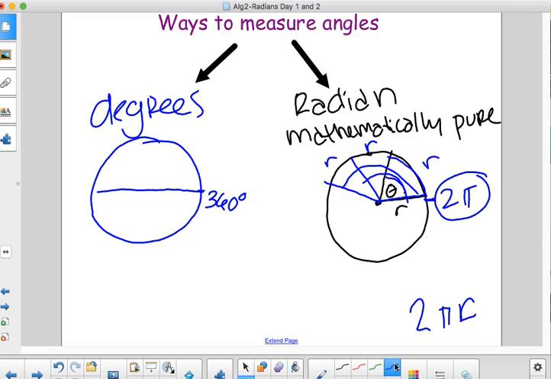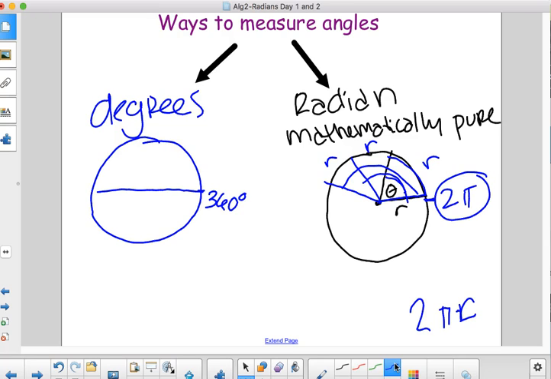So 2 pi radiuses fit on the outside of a circle. That's exactly what this says. 2 pi radiuses fit, making your outside circle. So 2 pi radians is the measure of a circle.